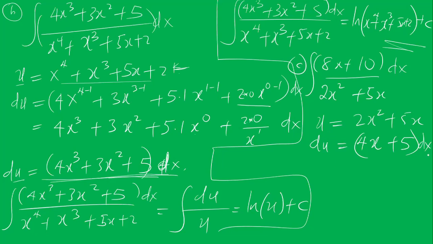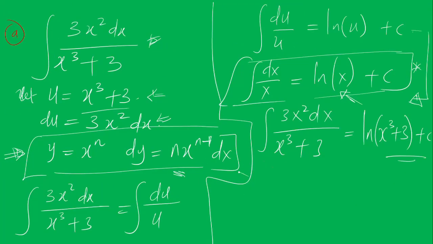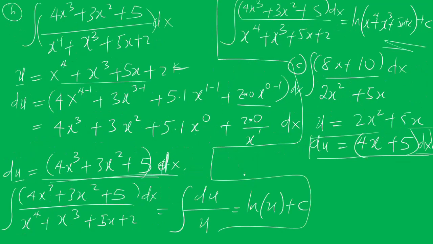To explain that, using this expression, u is equal to 2x squared plus 5x, so du is 2 times 2x to power 2 minus 1 plus 5 times 1x to power 1 minus 1 dx.